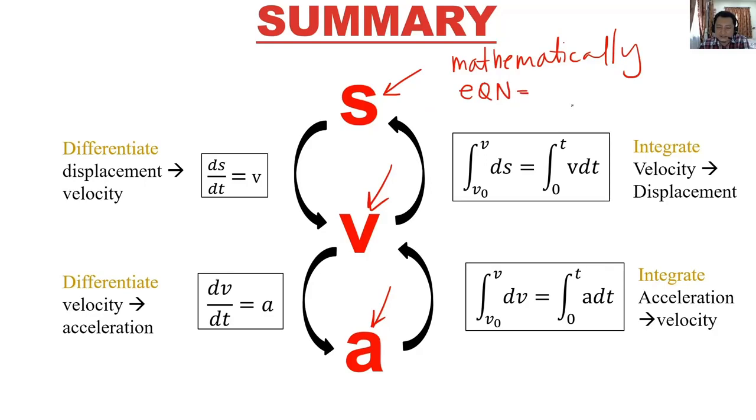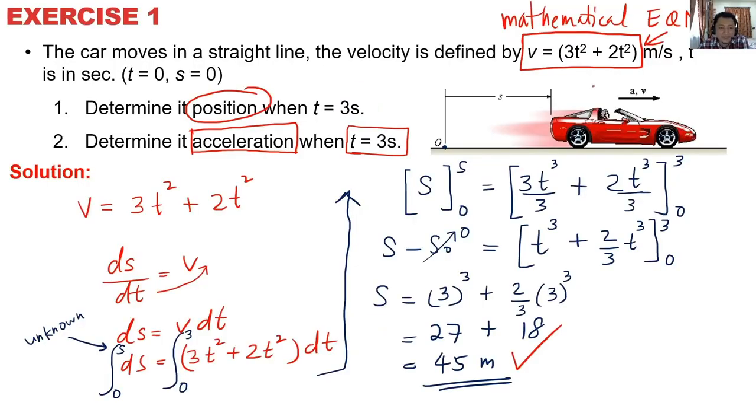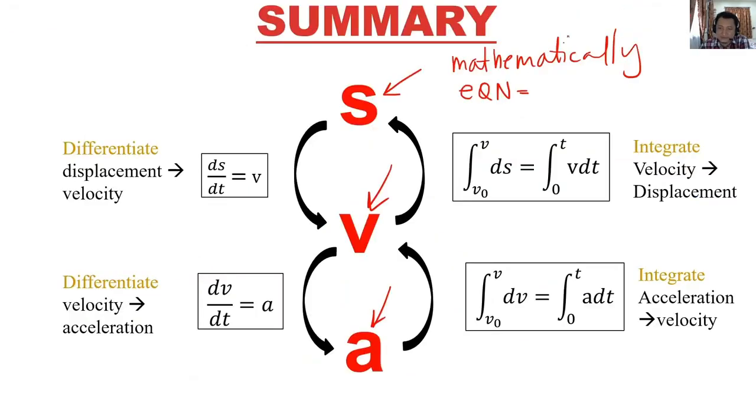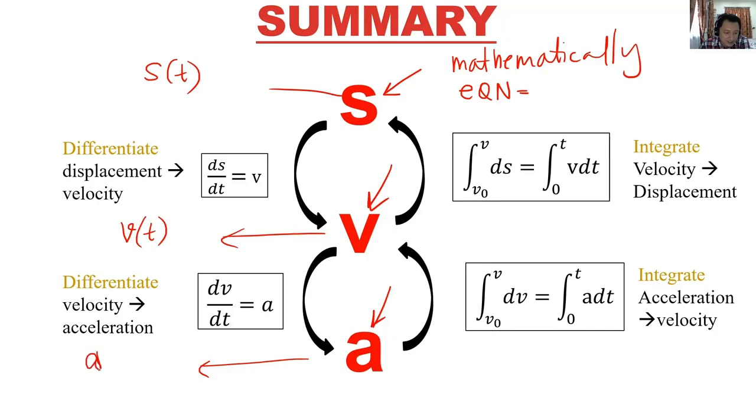In the example we did, V is equal to these things, so V is actually a function of t. You can have S as a function of t, V as a function of time, and acceleration as a function of time.